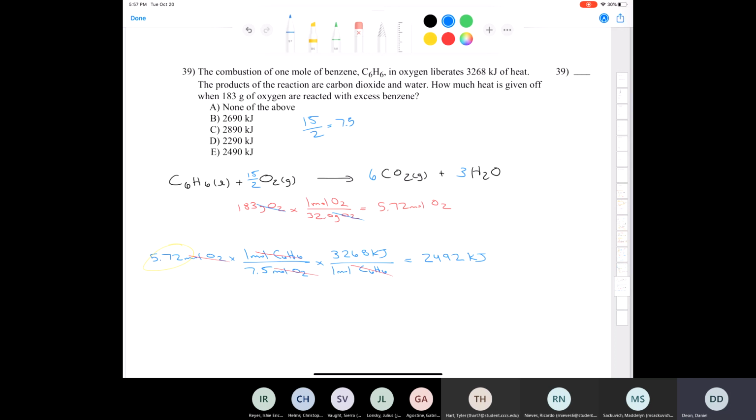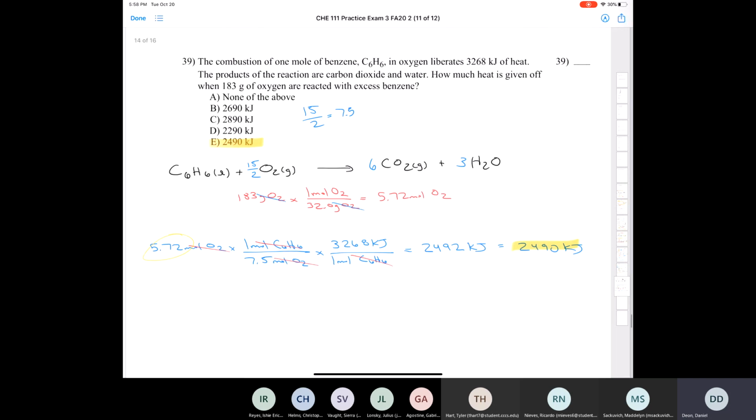And so our final answer should have 3 sig figs, so it should be 2,490 kilojoules. And that is what's released when we burn that 183 grams of oxygen in the presence of excess benzene. And so our answer is 2,490 kilojoules.